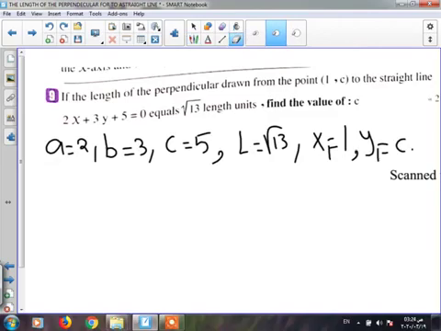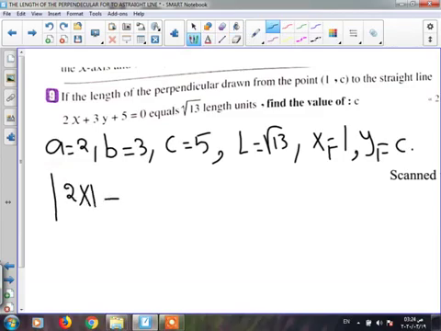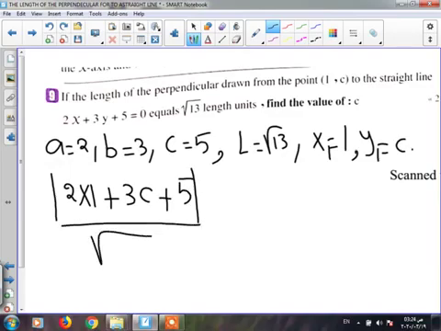In this case, we apply the rule: absolute of A x1 plus B y1 plus C, which is absolute of 2 times 1 plus 3C plus 5, all over the square root of A power 2 plus B power 2, which is 2 power 2 plus 3 power 2, so root 13.